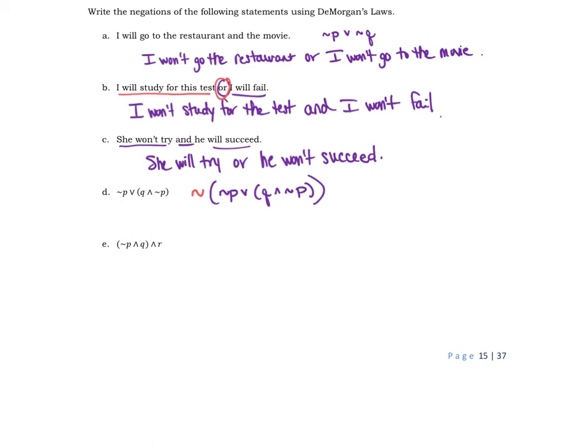This red negation is going to impact the not P, that's part one. It's going to impact the or, and then part three, it's going to impact this entire set of parentheses.